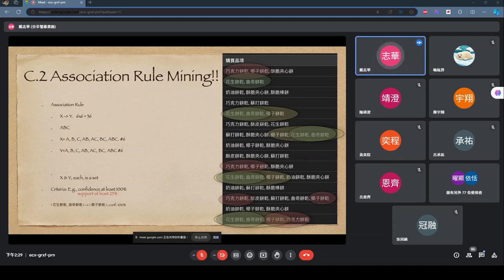What if I have 3,000 products? 3,000 products is so common in real life. The calculation would blow up very quickly, so that you cannot deal with association rules. You cannot find the association rules through correlation calculation. It would run out of time. You don't have so much computing resource.